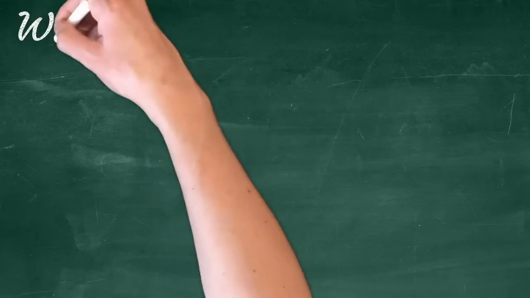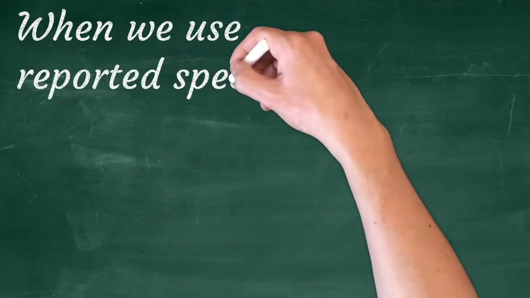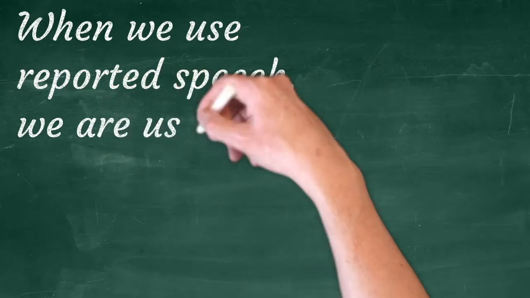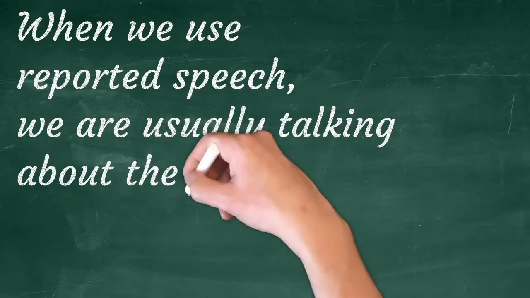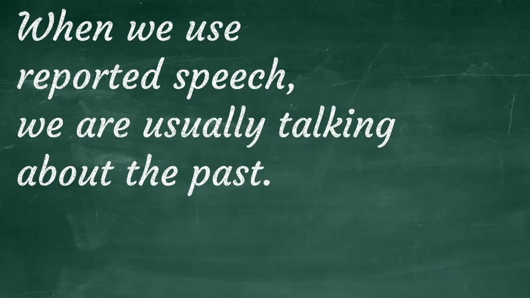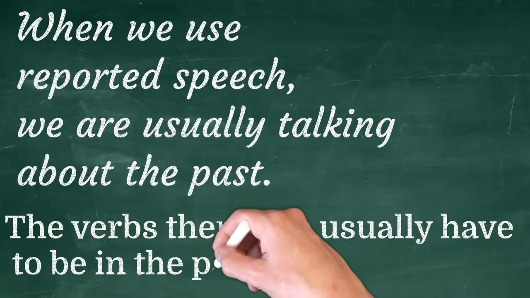When we use reported speech, we are usually talking about the past, right? Because obviously, the person who spoke originally spoke in the past, right? The verbs, therefore, usually have to be in the past too.